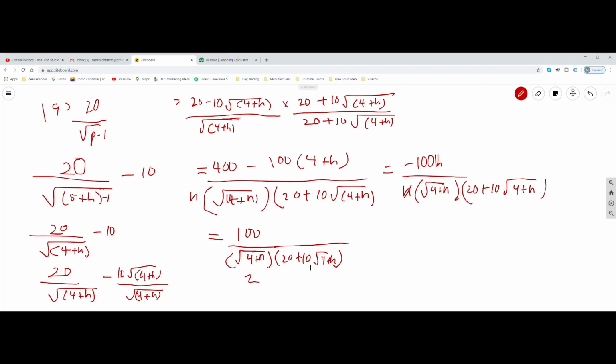And this is square root of 4, which is equal to 2. 2 times 10 is 20. 20 plus 20 is 40. So this is 40. So it's negative 100 over 80, which is equal to negative 5 over 4. So that is the answer for that question.